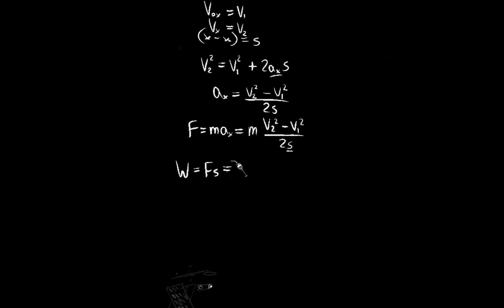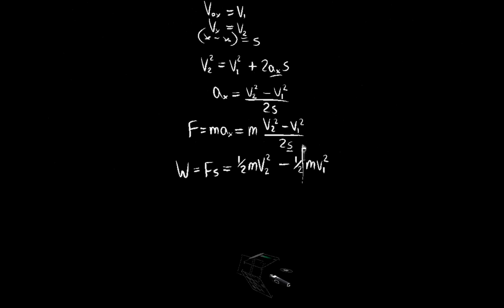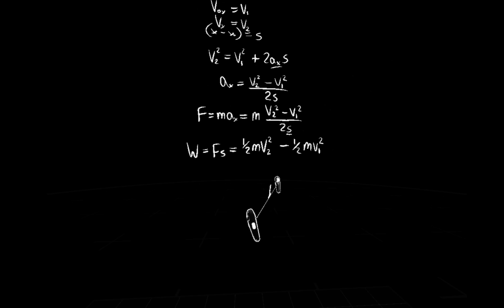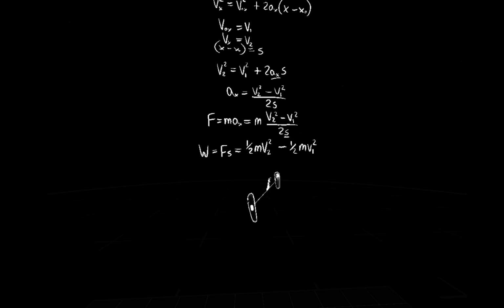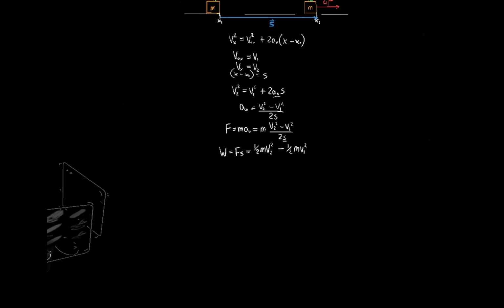And so all that we've done here is we've gotten 1/2 m v2 squared minus 1/2 m v1 squared. I just kind of distributed it out, right? And so look at that for a little bit and see what we've arrived at.